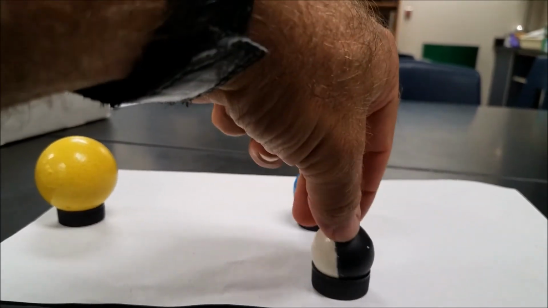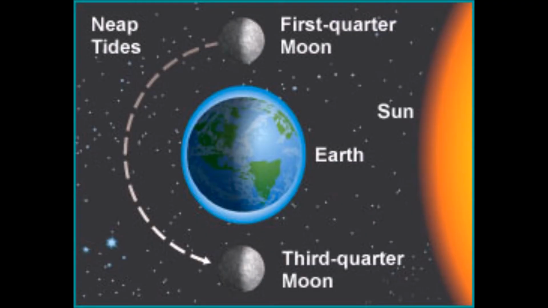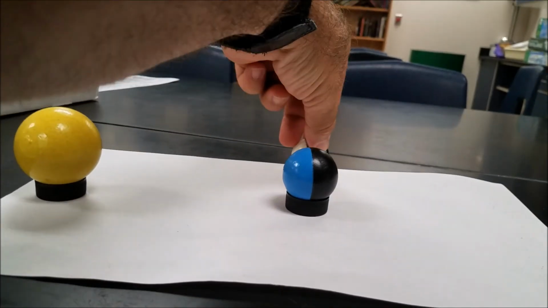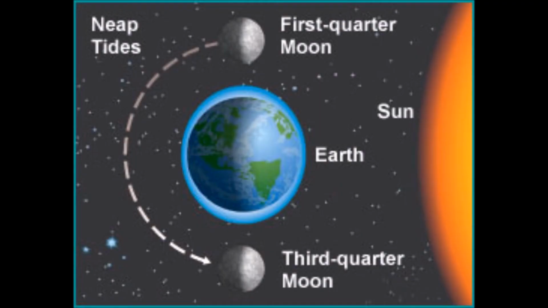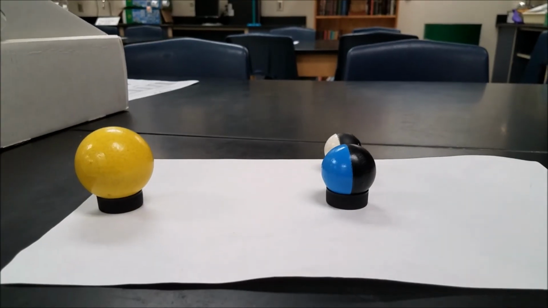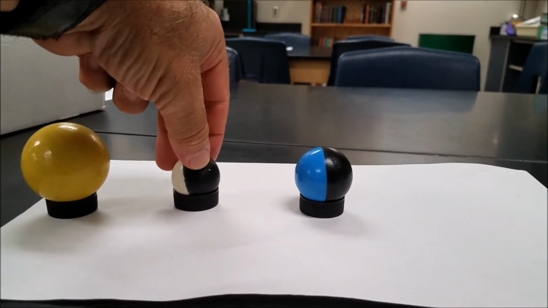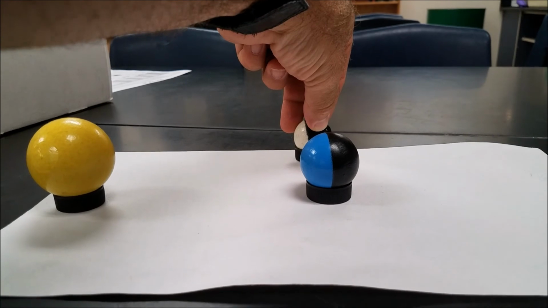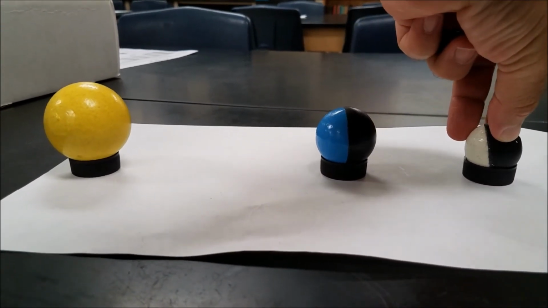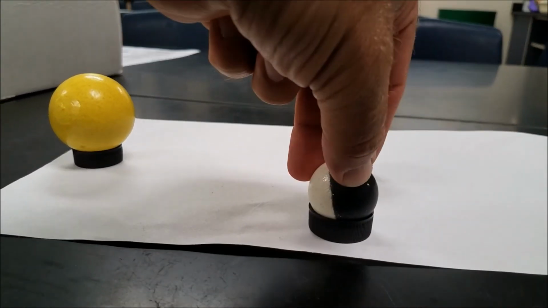So during the first quarter and during the third quarter are the neap tides, the low tides. Spring tides are the high tides, neap tides are the low tides.